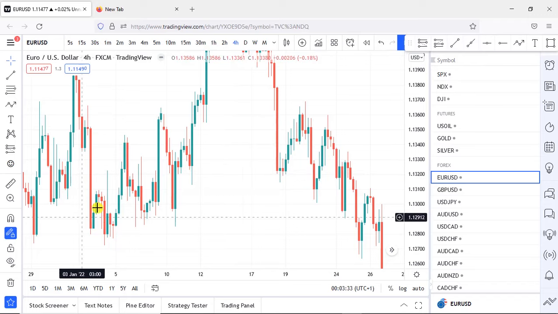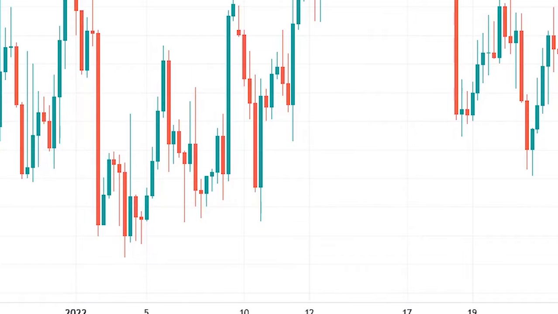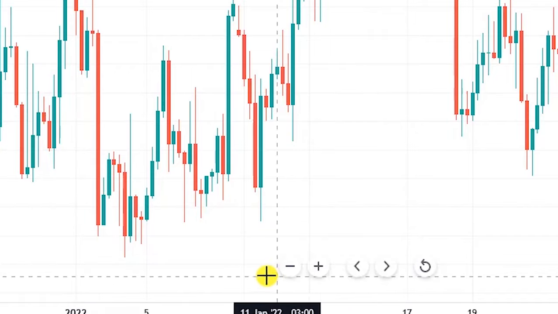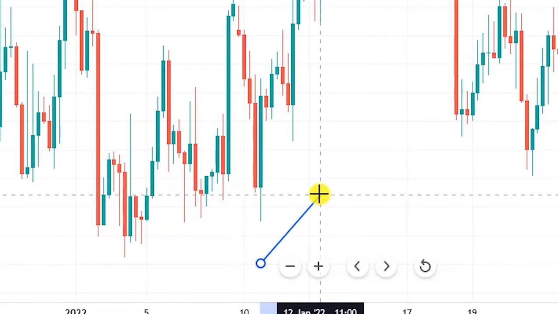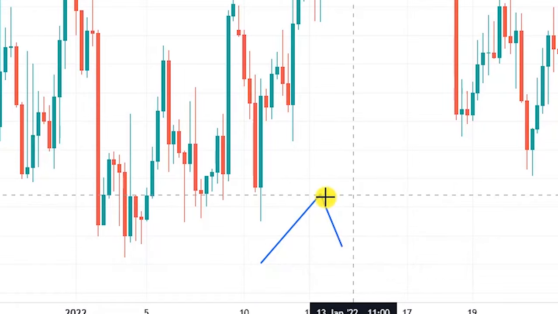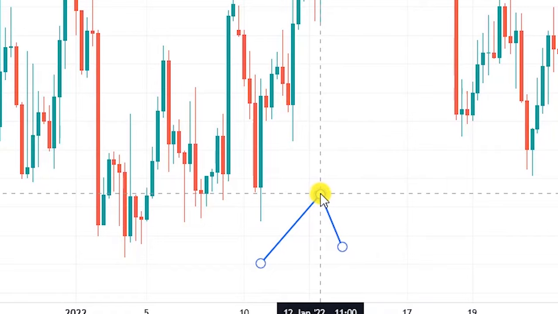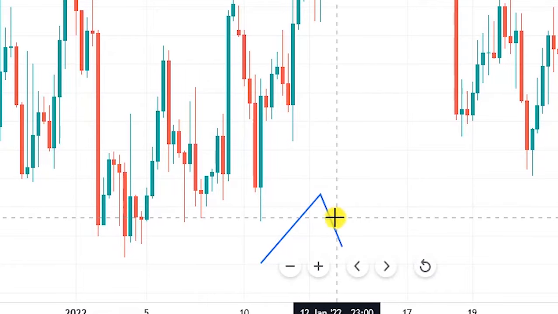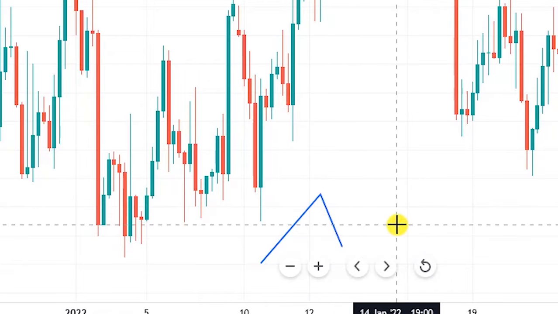If you look at this market, this is a structural example of a high in the market. Something like this. Price is doing this and then reverses. You understand? This is a high in the market. So this peak here, this point that it gets to before it reverses, is the high. Good. That's a structural example of a high in the market.